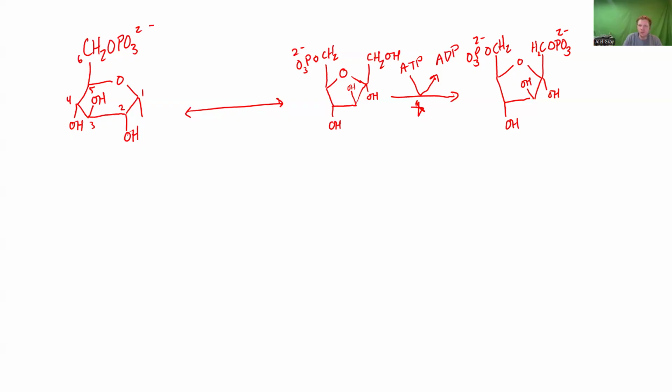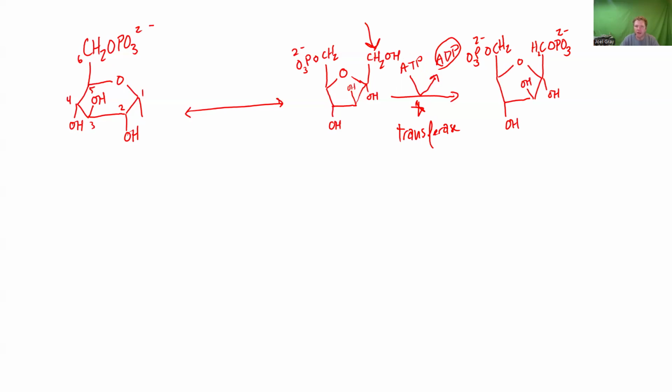Since I used ATP and I took a phosphate off of that and I placed it right here on carbon number 1, this is a transferase. My biggest clue there was the fact that my product was ADP and not ADP plus Pi.